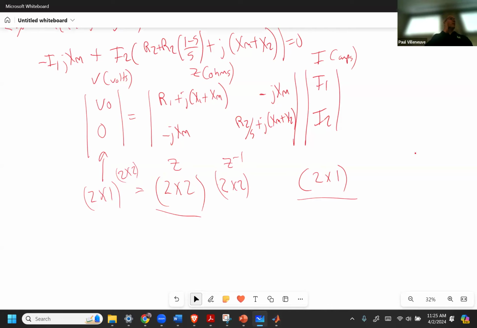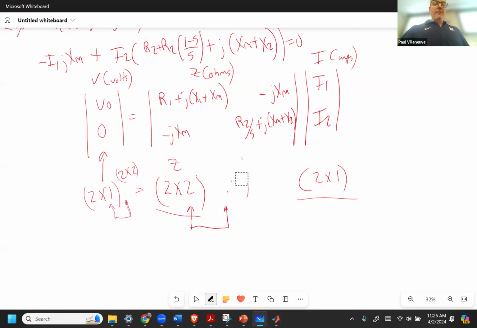And the thing about matrices is the inner dimensions have to match, and then the corresponding output dimensions are what the results are. So you can see the inner dimensions over here, the 1 and the 2 aren't the same. So I can't multiply both sides by Z inverse in the middle over here. That doesn't work.